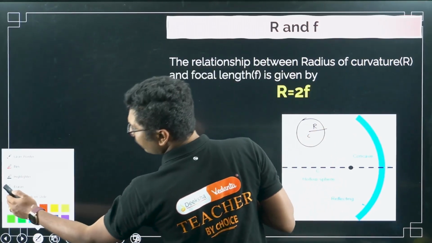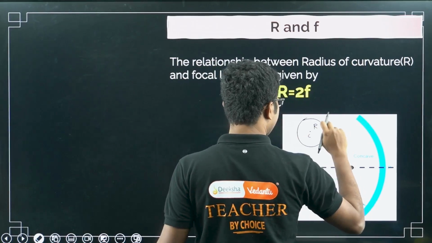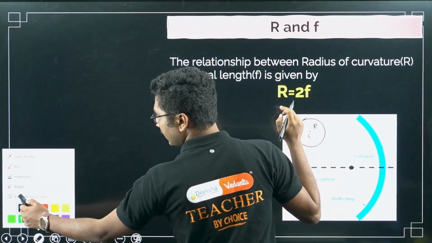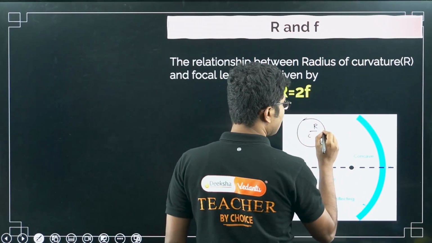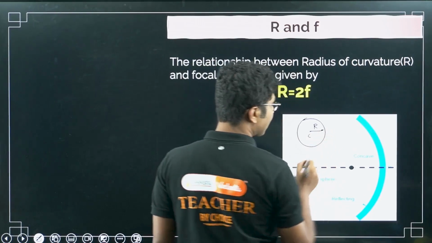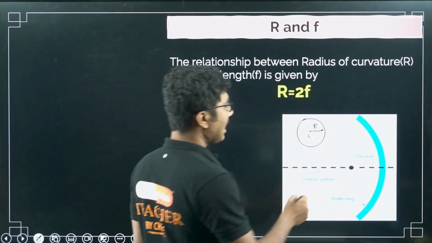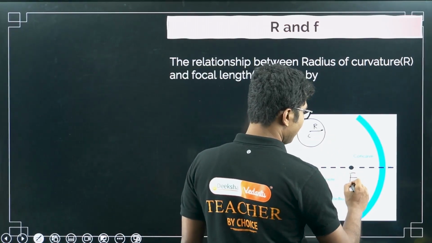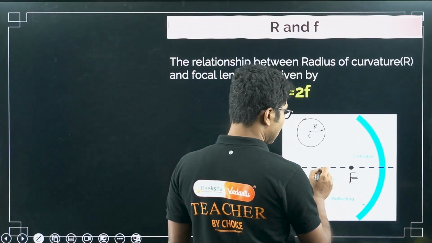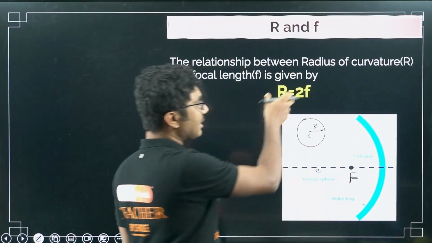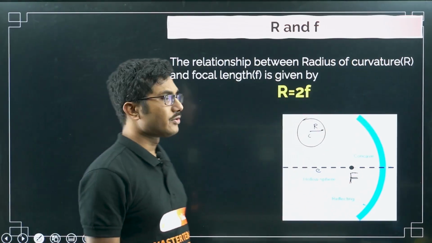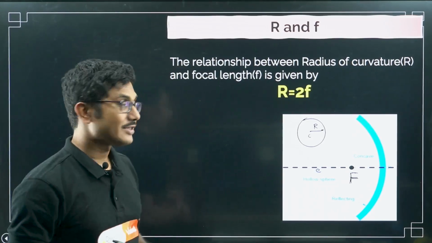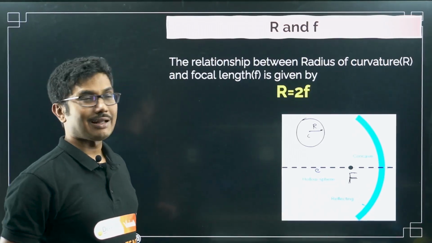If you can see, this is C, this is F. So the relationship between R and F is R is equal to 2F. The focal length, that definition that we have learned, is basically related like this.